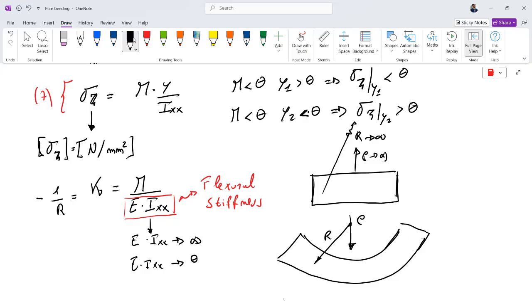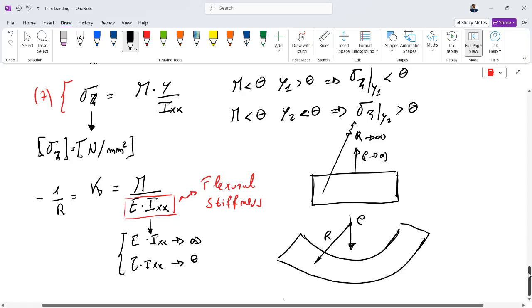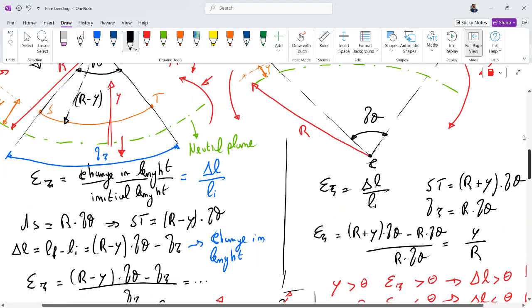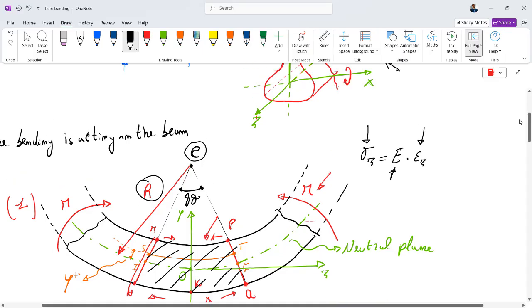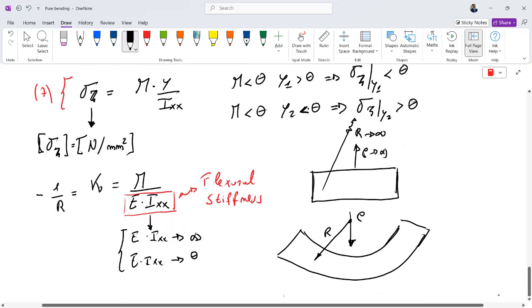But we don't have these extreme cases of flexural stiffness approaching infinity or zero. In some cases we stay in the middle of these two, because as said before, for a small angle we can make an approximation of a certain radius r, with the rotational center at a certain point. So with this we have completed the study of pure bending applied to a beam.